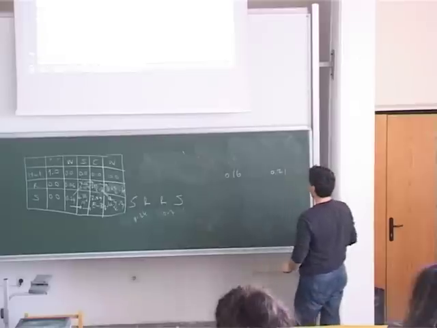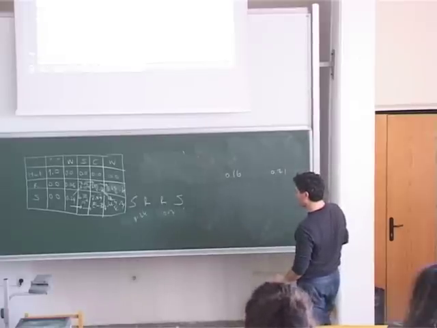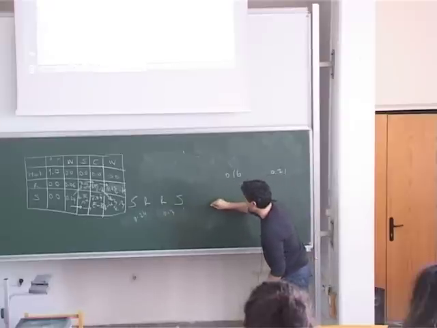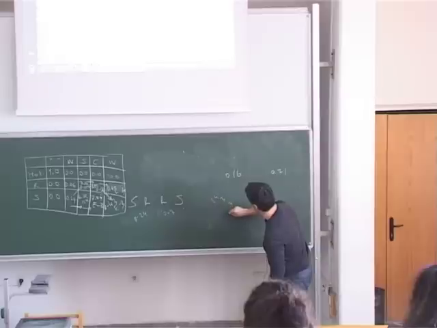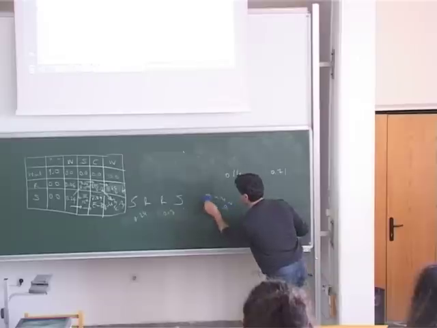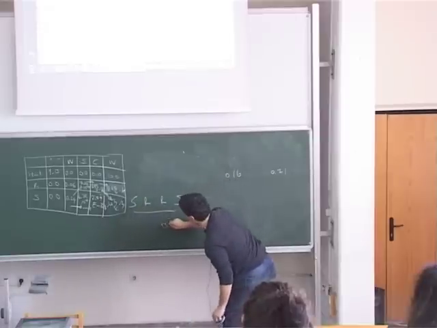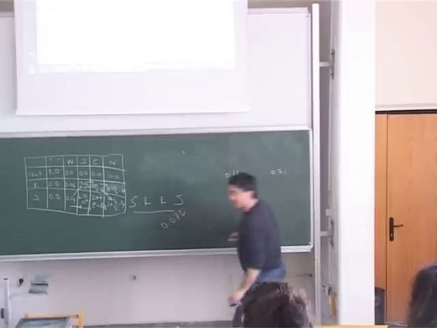Now, what is this? Yeah, it's going to be 0.72. No, 0.072. Okay. So the emission probabilities multiply to 0.072.